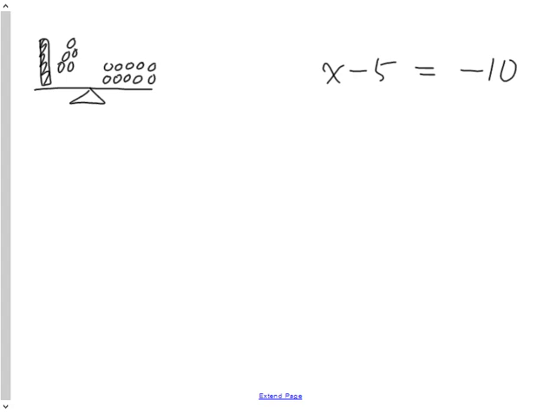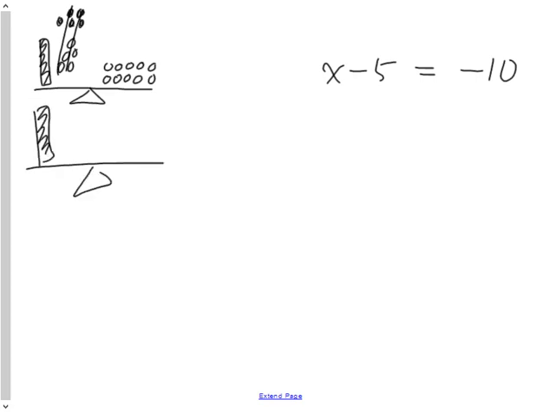On the side that has the variable, there are 5 negatives. Through our understanding of opposite operation and integer sense, we knew that if we put positive 5 with a negative 5, that will create a 0 pair, and I'll be left with x.